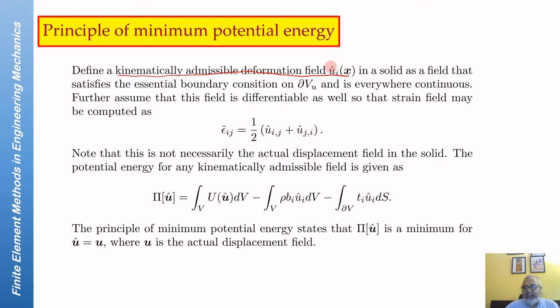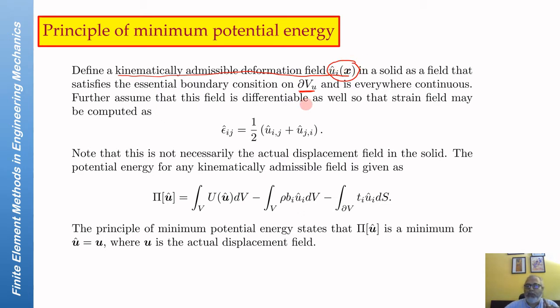I have put this hat here to tell you that this displacement is not necessarily the true displacement that the body is facing. It is just a kinematically admissible displacement field, in the sense that it satisfies all the displacement boundary conditions defined on delta VU, and it is also everywhere continuous, so it will give rise to compatible strains. Apart from that, it is completely arbitrary, so this is not the true field.